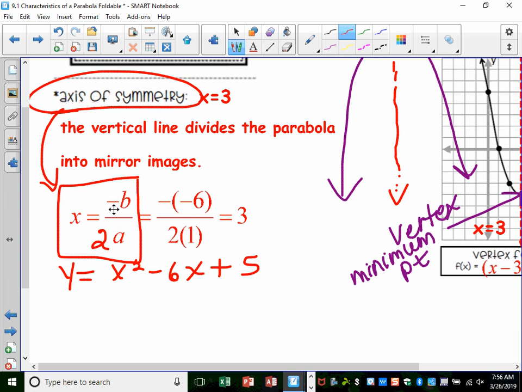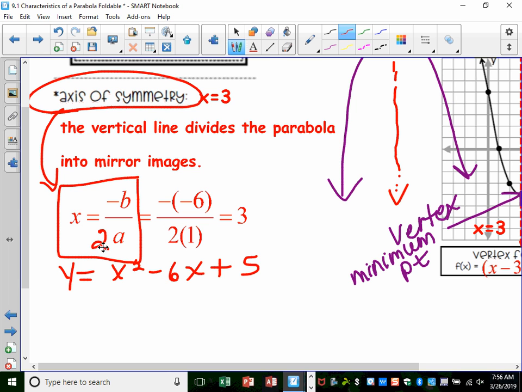Now, how do you read this negative? See how the b term is negative, so they put it in parentheses. But you also have a negative in the formula right here. So this negative is that one, and then your b term is -6. There it is right there.